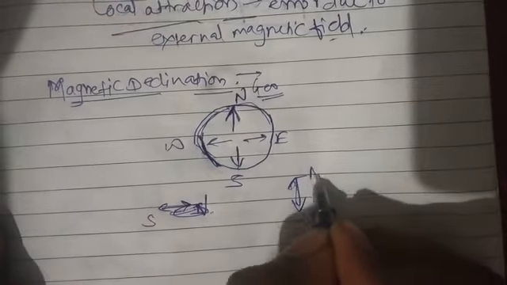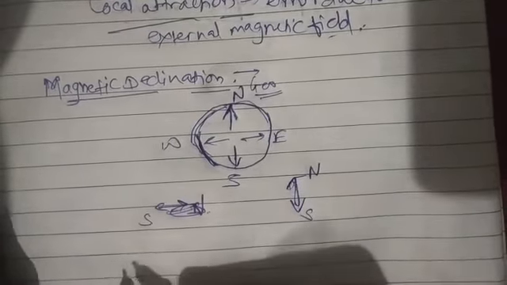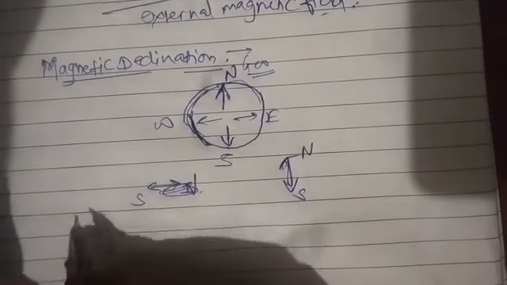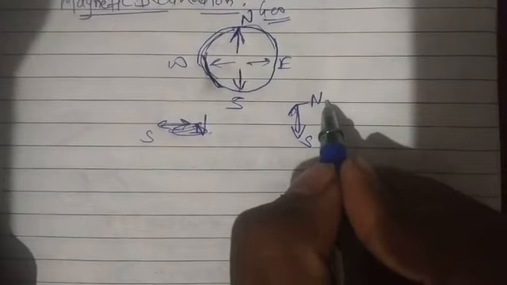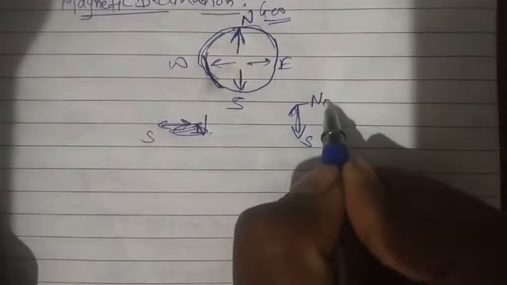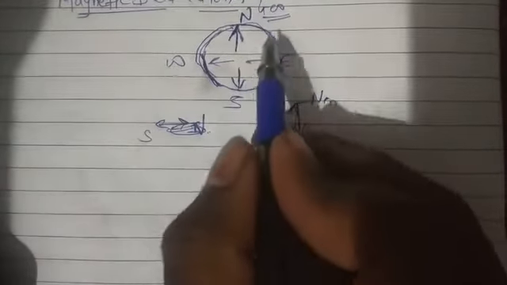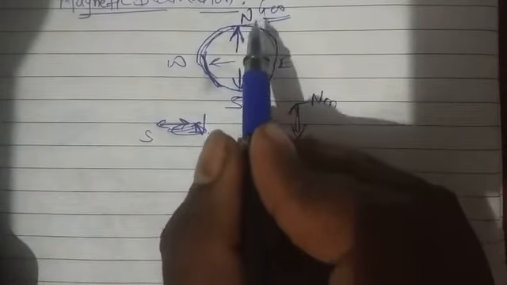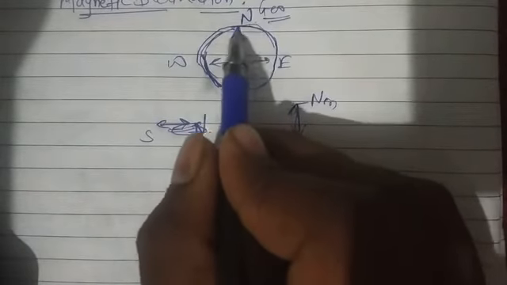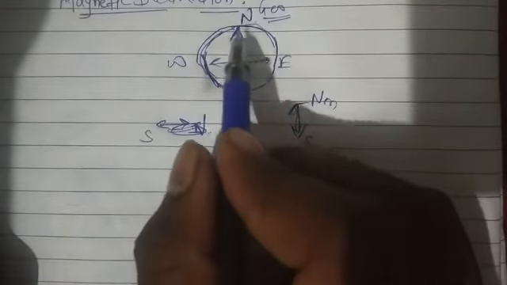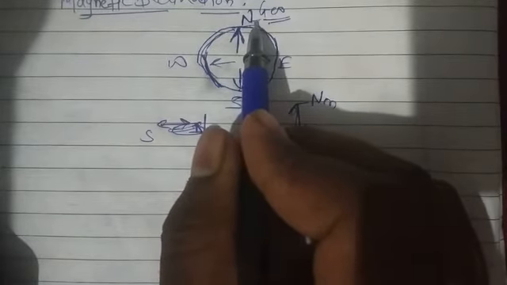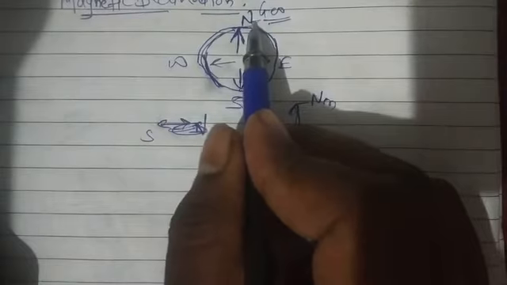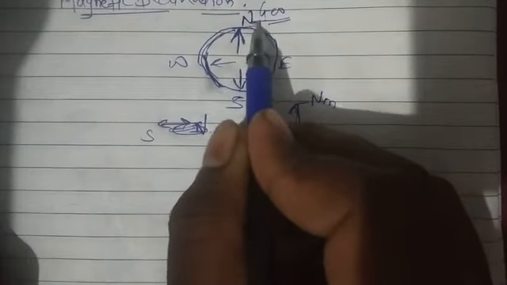The magnetic needle shows north-south direction when it is freely suspended in air. So this north shown by magnetic needle is called as magnetic north, whereas this north direction according to the surface of earth is called as true north or geographic north.